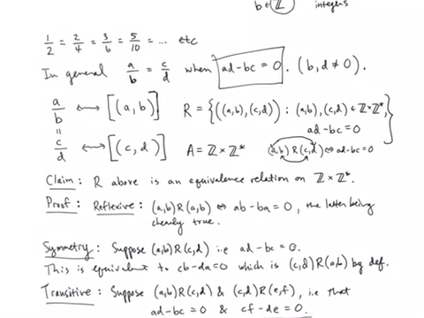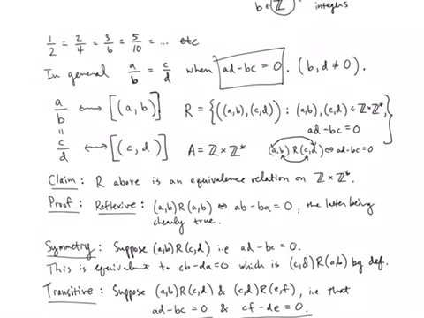All right, so this gives us a way of thinking about rational numbers that is a little more rigorous than you've probably seen before. Basically the idea is that any rational number A over B, you can think about it as an equivalence class of the pair AB under this equivalence relation that we looked at here.